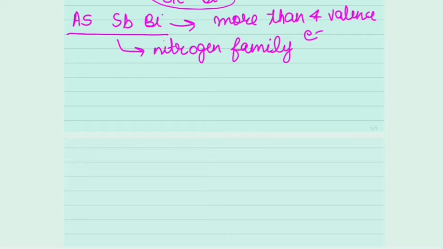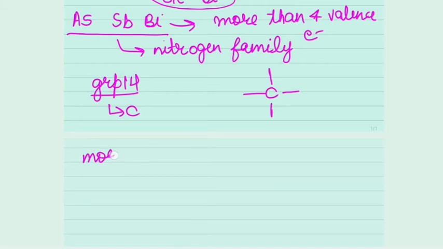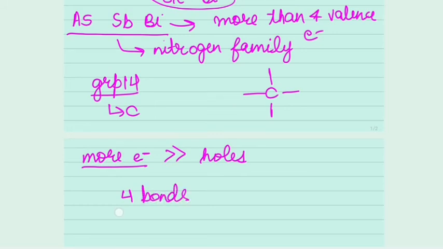All the semiconductors are from group 14. This group 14 is the carbon family and the maximum valency that carbon can show is 4. So if I want to make a semiconductor which has more electrons than holes, meaning the negative charge is more, how will I make it? Suppose 4 bonds are made between the atoms.